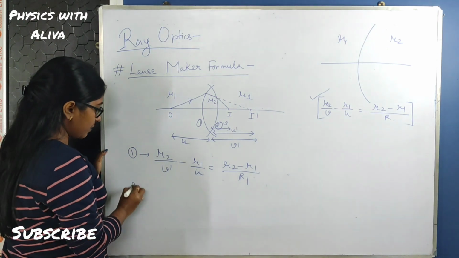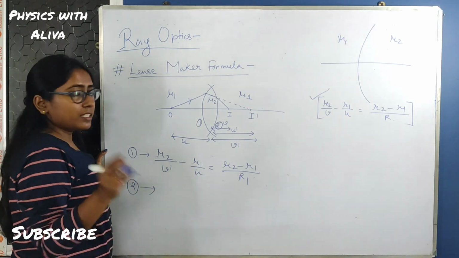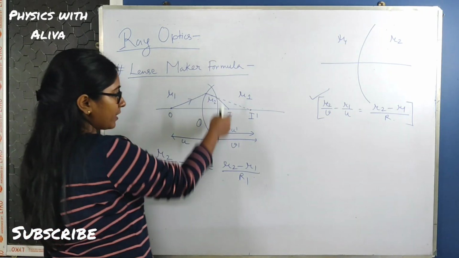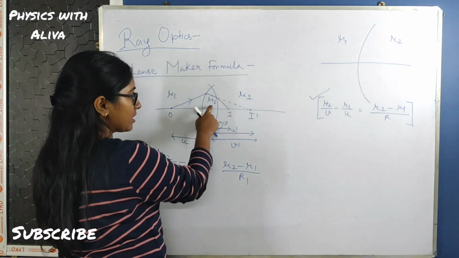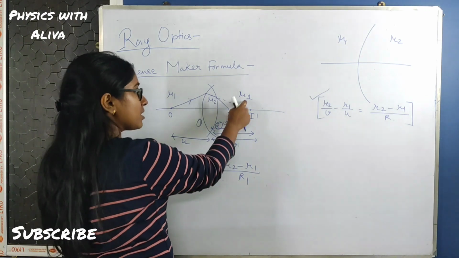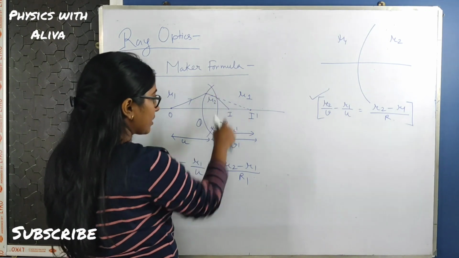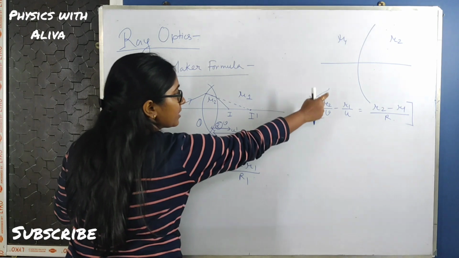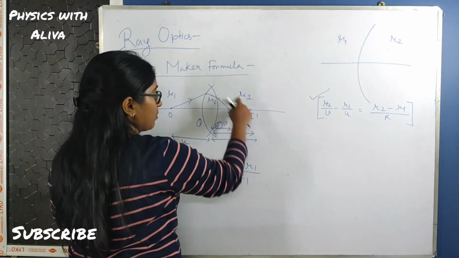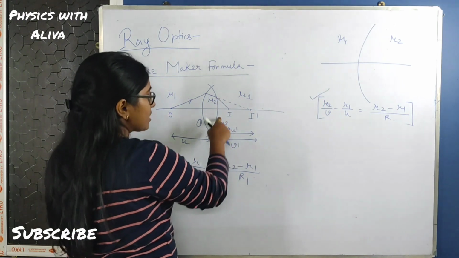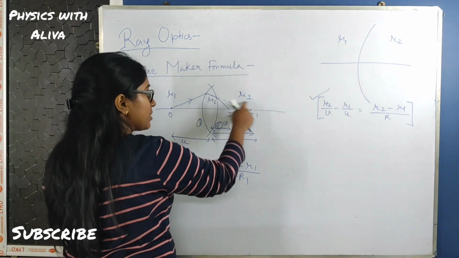Now we will do the same thing for the second spherical surface. Now listen carefully. For the second spherical surface, the first medium is the lens medium and the second medium is the outside medium. So the refractive index of the second medium is mu1.